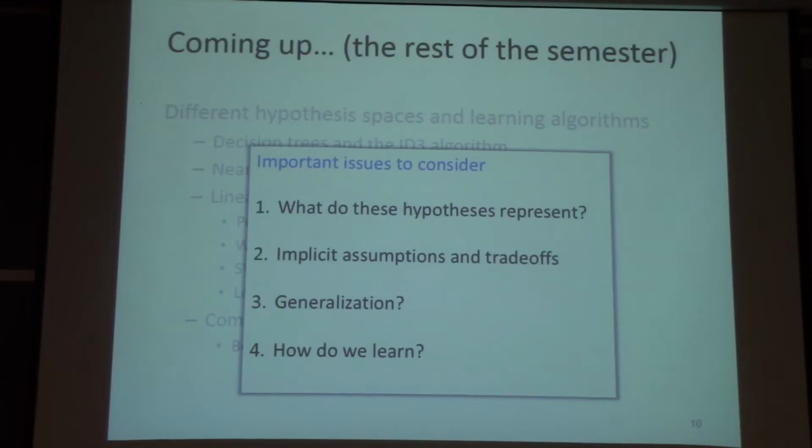And when you're learning about a learning algorithm or a hypothesis space, you should implicitly at least think about what assumptions are in place. If I'm using this particular algorithm, what am I implicitly assuming? This is what will drive your choice of a learning algorithm. I'll try to list out these assumptions as we go along. And of course, there's the question of how to learn.